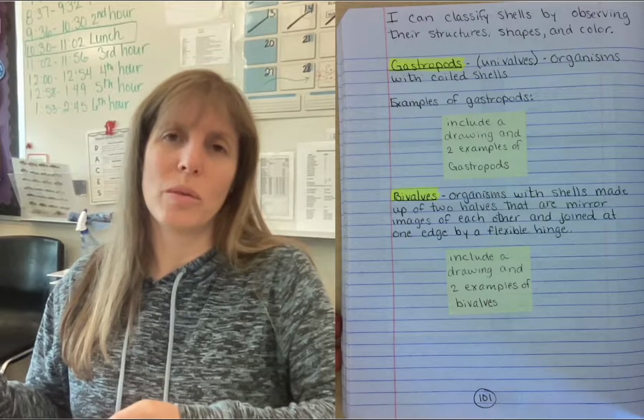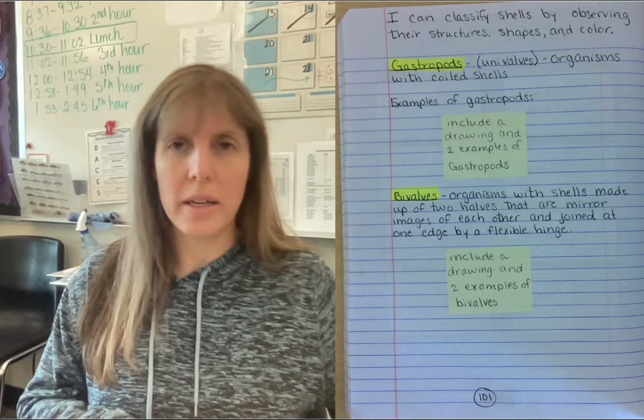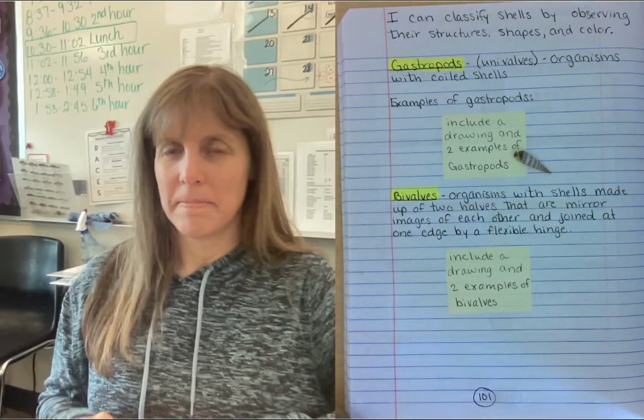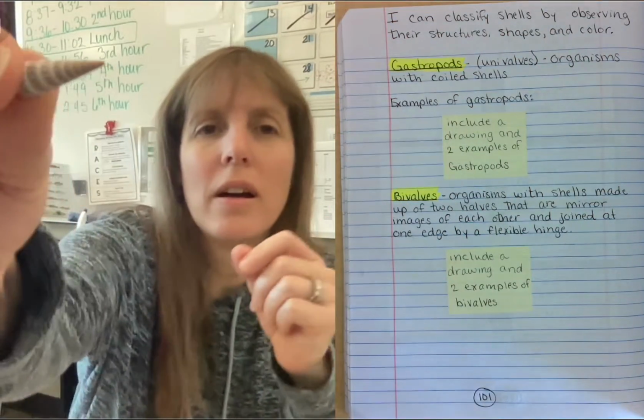So I'm going to show you some really interesting shells. So here is a gastropod. It's kind of cute. Let me pull that up for you. I don't know if it will focus. This is an auger.